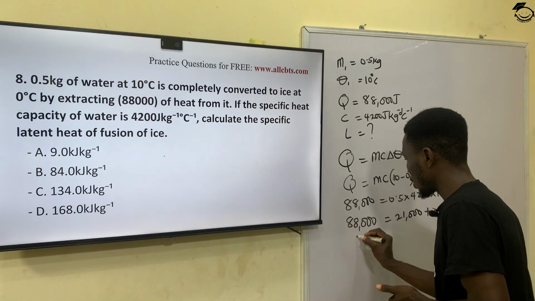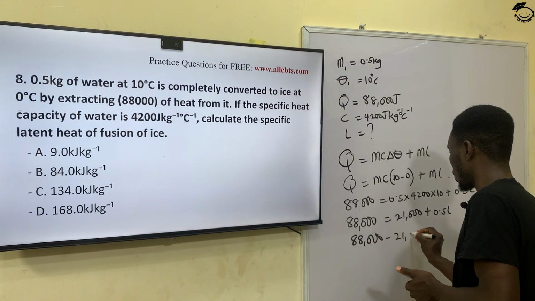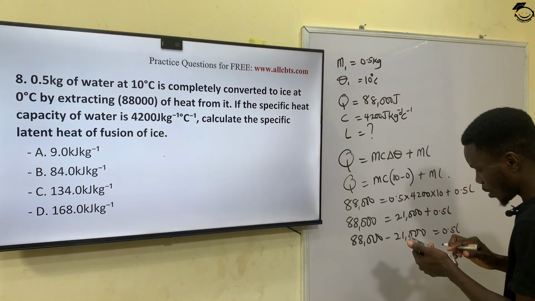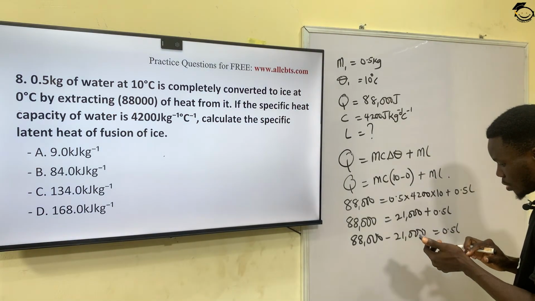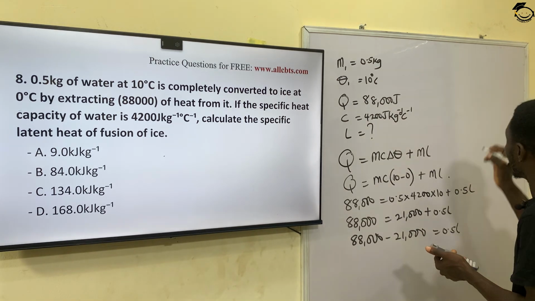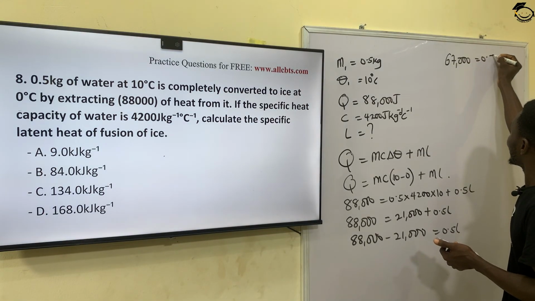If I collect like terms, I will have 88,000 minus 21,000 is equal to 0.5L. So 88,000 minus 21,000 gives me 67,000 is equal to 0.5L.